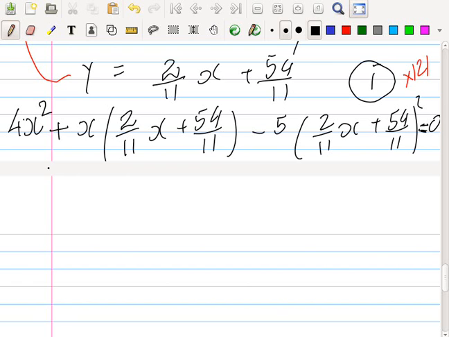So that would be 484x squared, yes? Is that right?